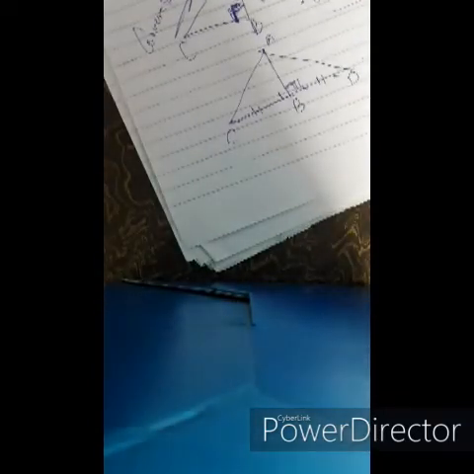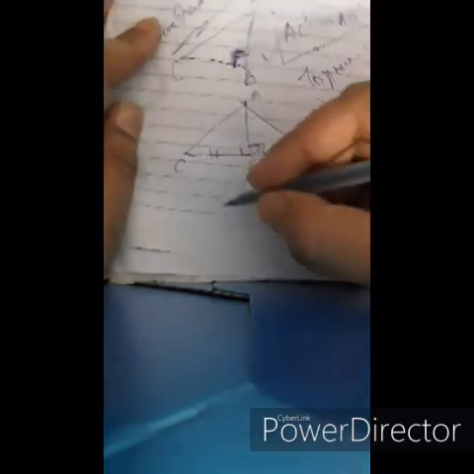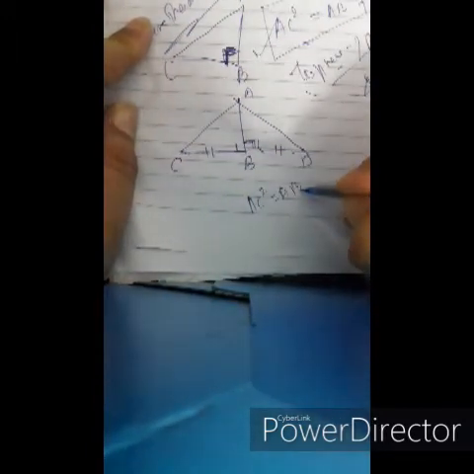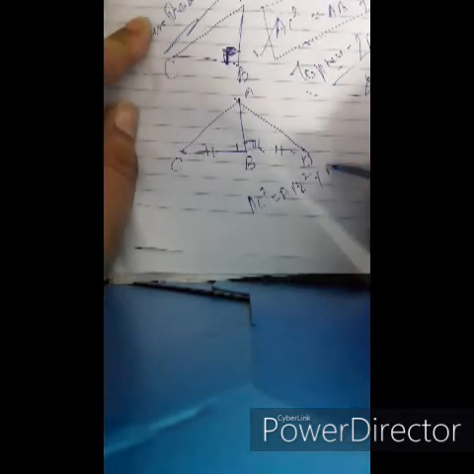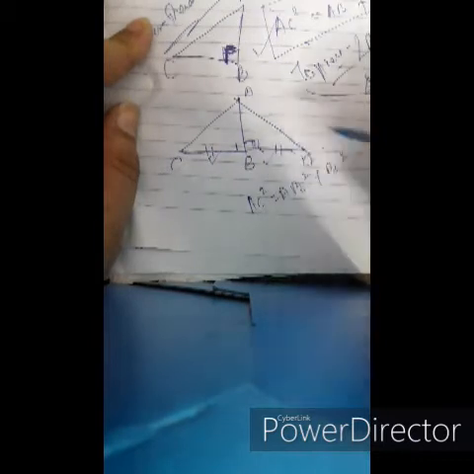Alright, so now we'll write. It is given, we know that AC square equals AB square plus BC square. Now we have made the construction such that BC equals BD.